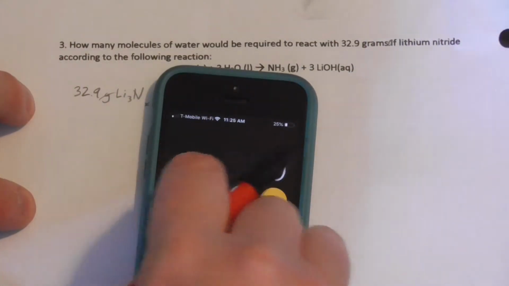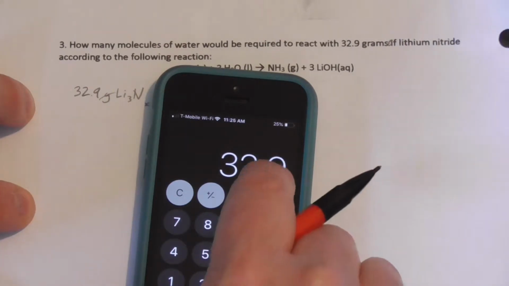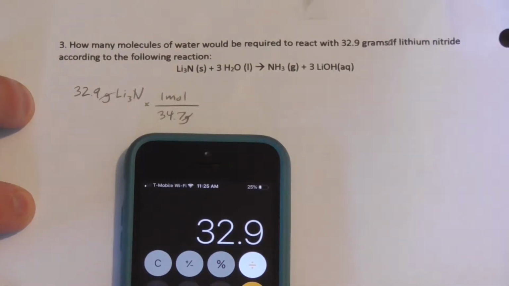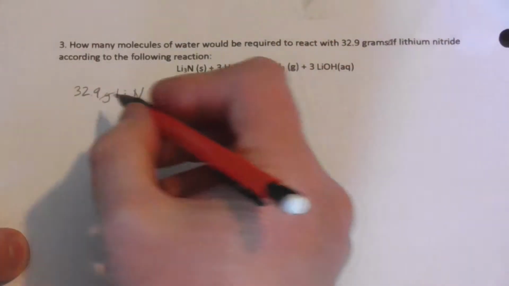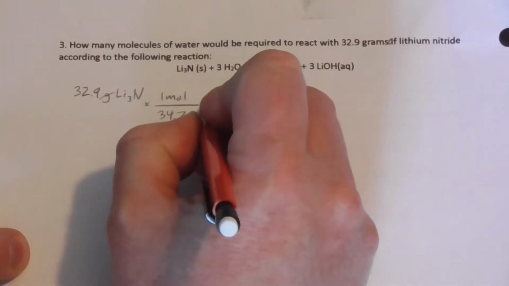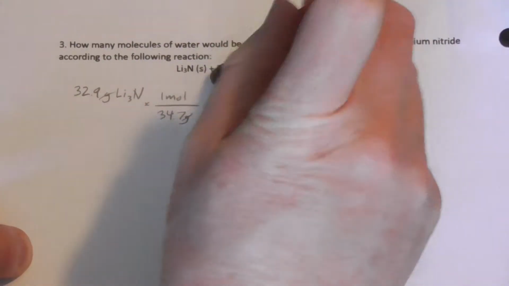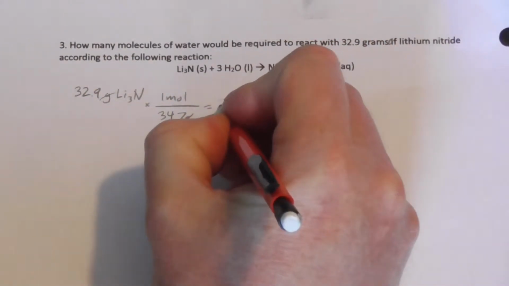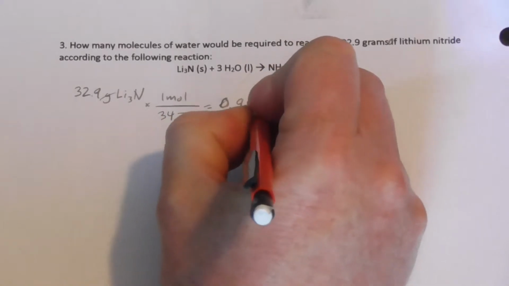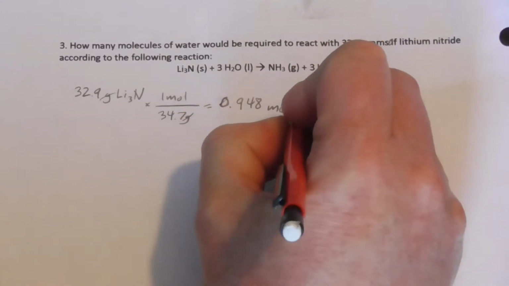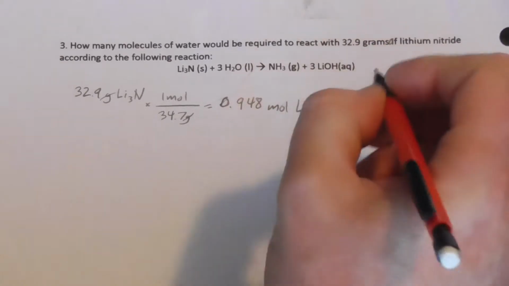I have 32.9 divided by 34.7, which is 0.948. Since I'm working with 3 significant figures here, I'll do 0.948 moles of lithium nitride.